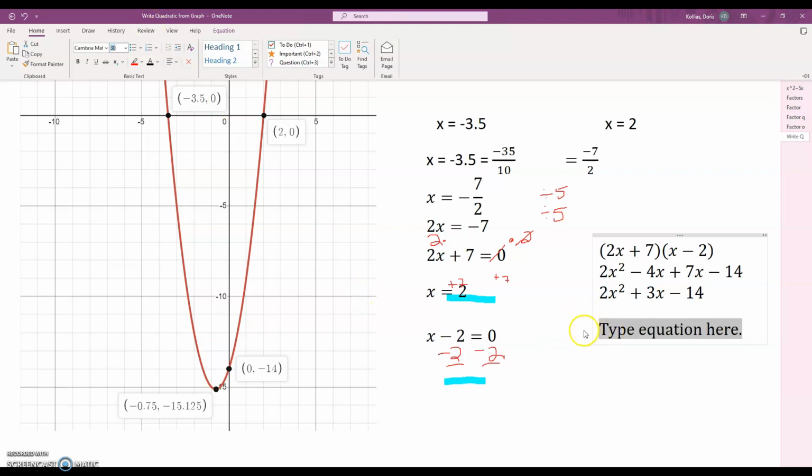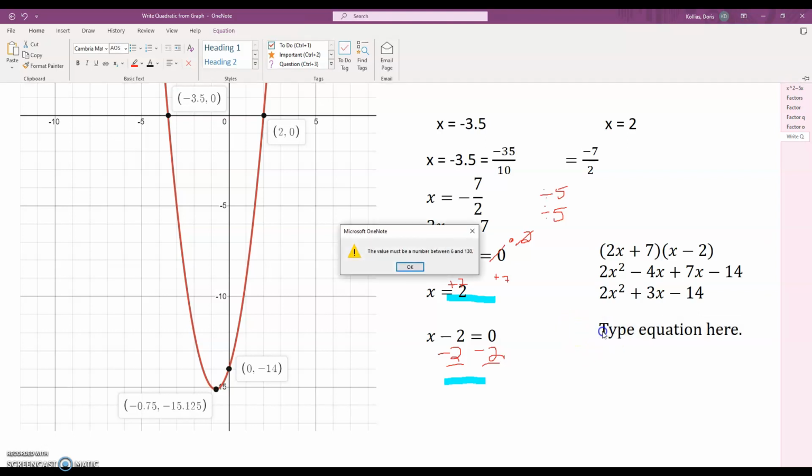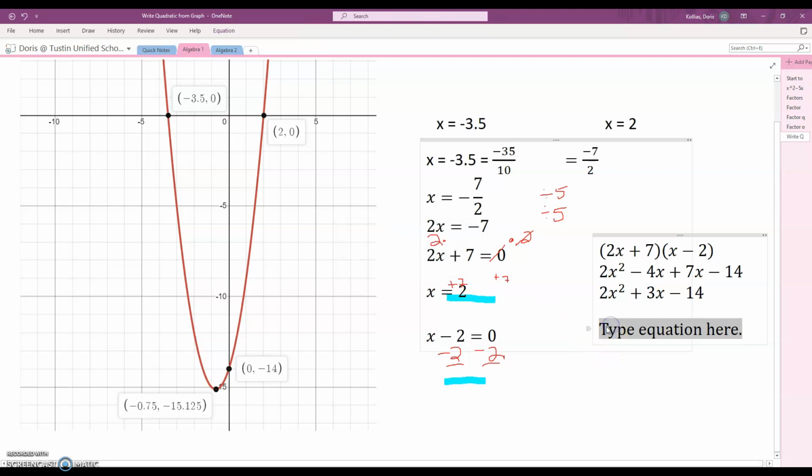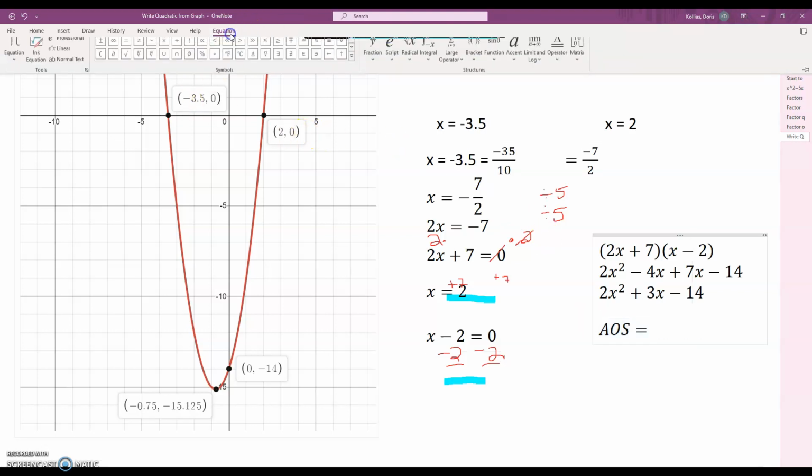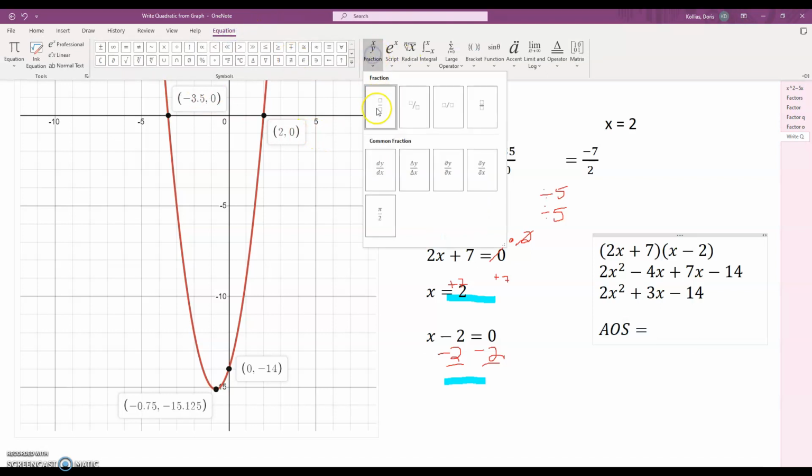So remember, the axis of symmetry is equal to negative b over 2a.